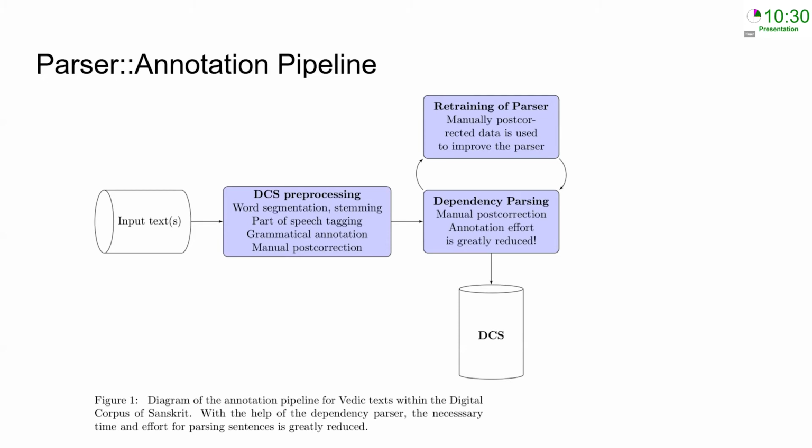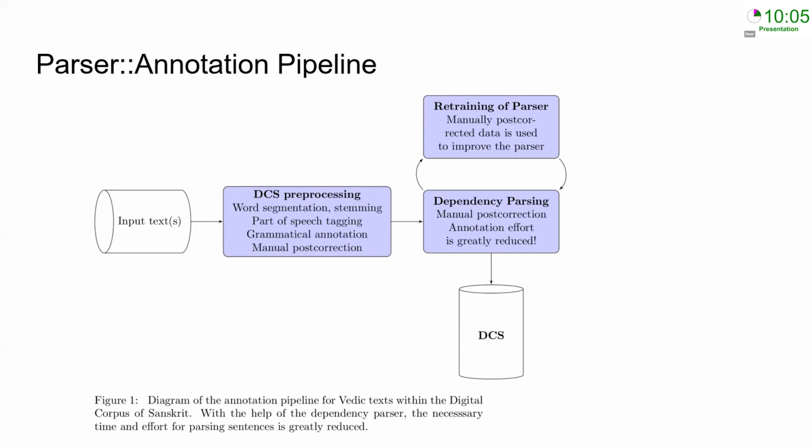And in this stage, there's also manual post-correction involved in order to make sure that the results are as good as possible. And this data is then fed into the dependency parser that I just described. And once this parsing tree is proposed by the parser, we once again use manual post-correction via the interface of the DCS in order to correct the mistakes that the parser made.